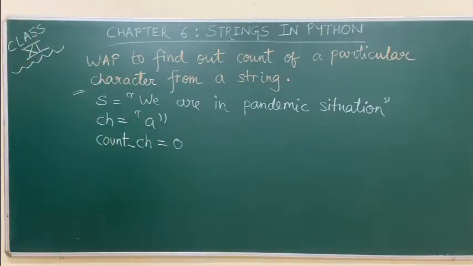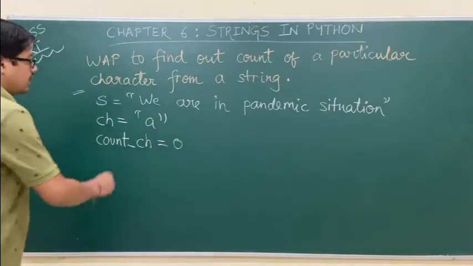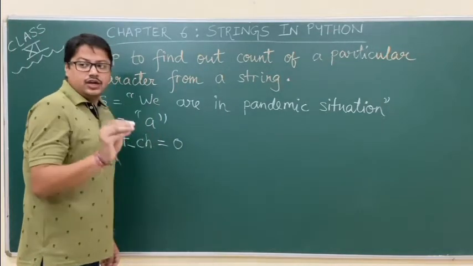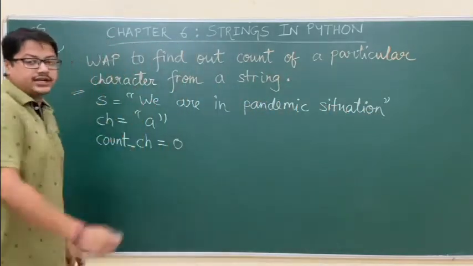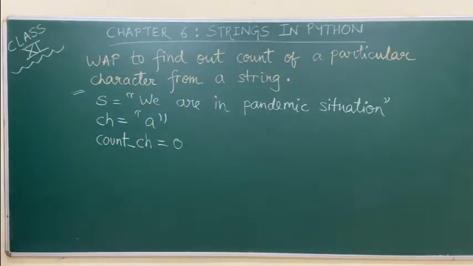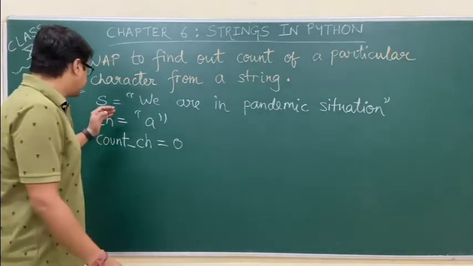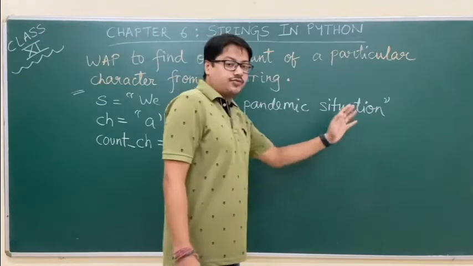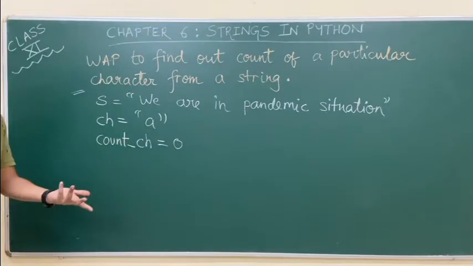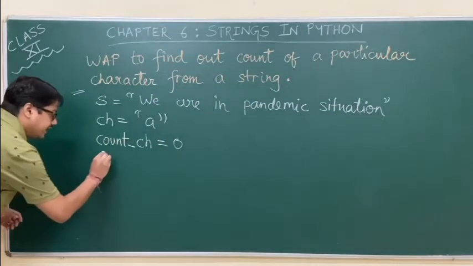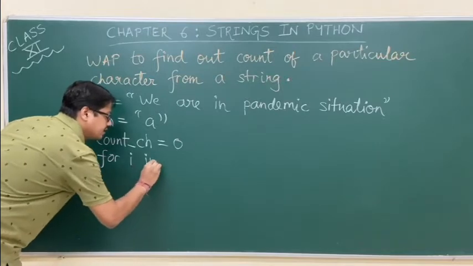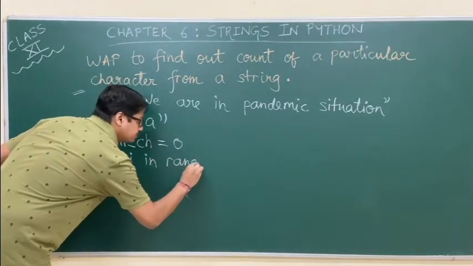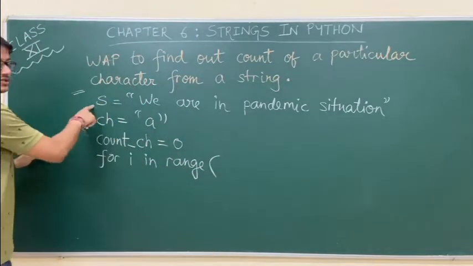Okay, so first of all, what should I do? I should write a loop which will access all the characters from this string, and we know the exact method. So I will write here, for i in range, I want to access all characters.